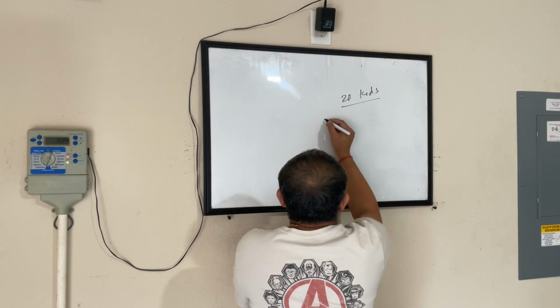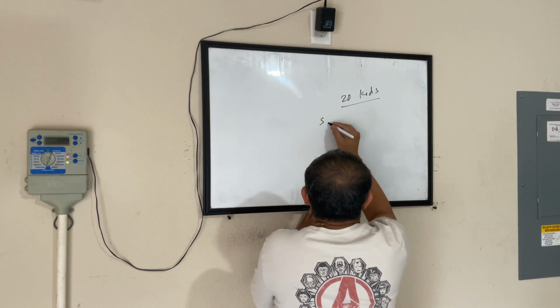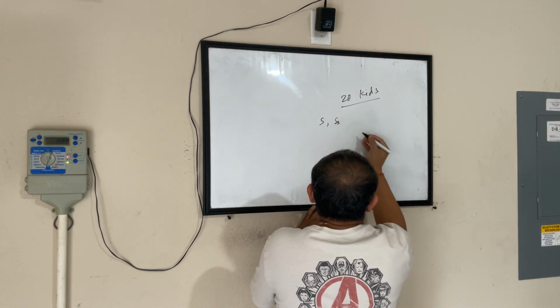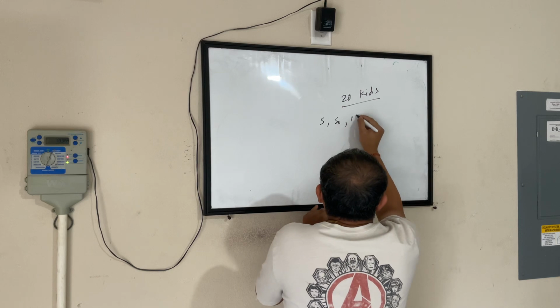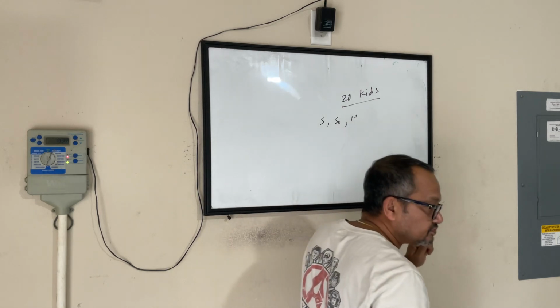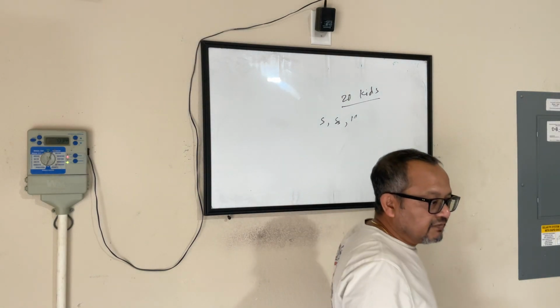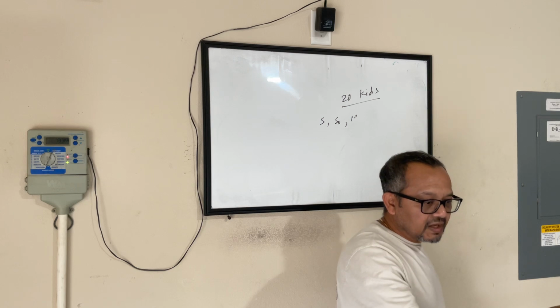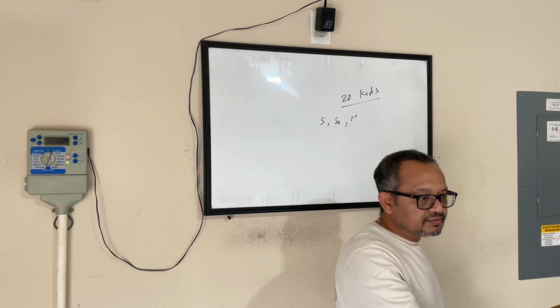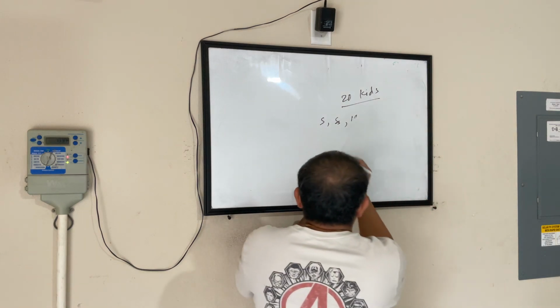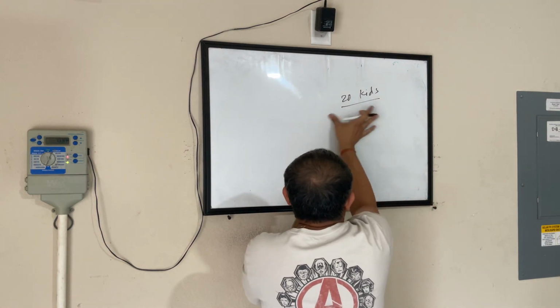So this is what we got. S for science, SS for social studies, and M for maths. When we asked the kids for that information, we noted it down.